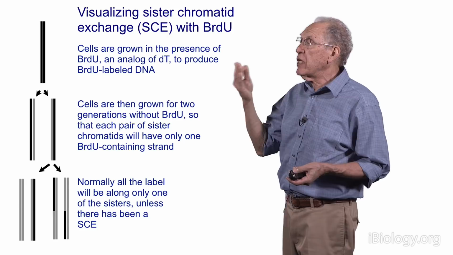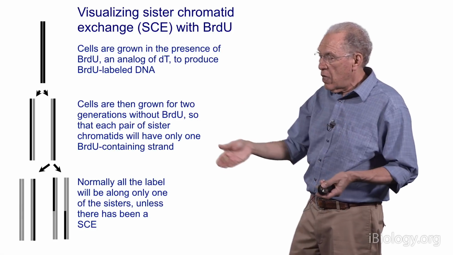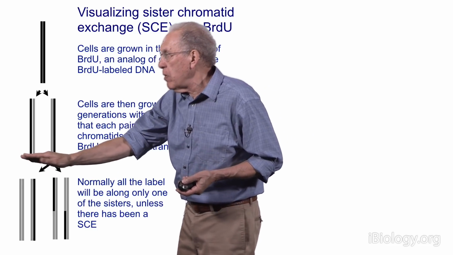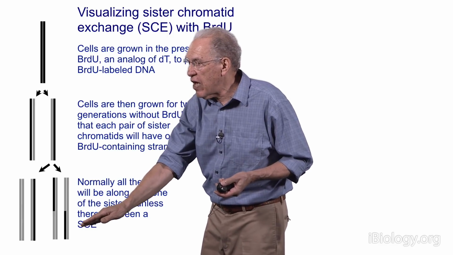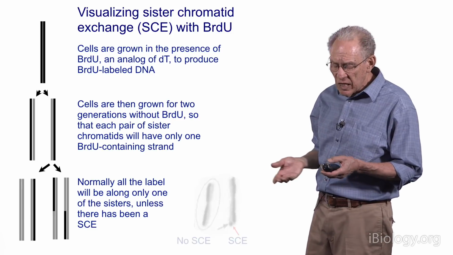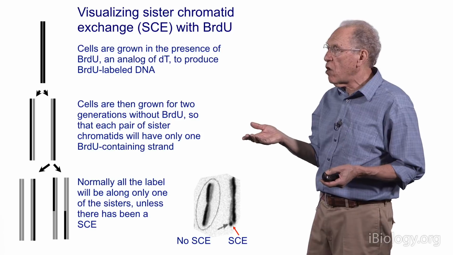But if there's been an exchange event, a crossover during the process of this second round, now there will be some bromodioxyuridine on one chromatid, but at the other end there'll be bromodioxyuridine on the other chromatid. And you can actually see this by staining these chromosomes for the presence of bromodioxyuridine.